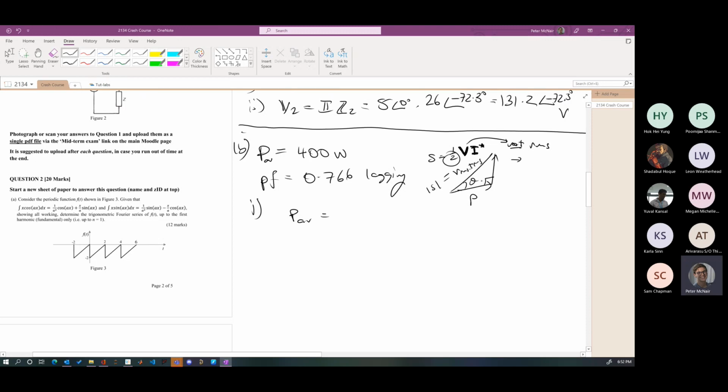So just by simple trigonometry, we've got that P average is equal to 1/2 Vm Im cos theta. Now, do we know theta?